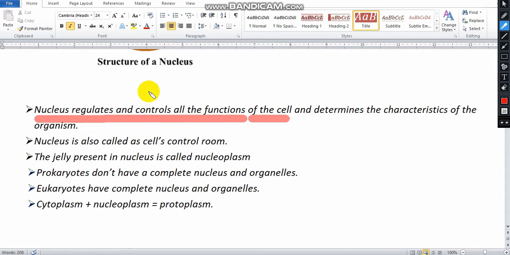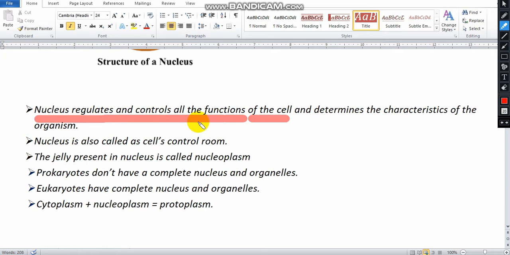There are many cell organelles which are present in the cell. They all have a specific role, specific functions. When they are doing a function, all are regulated by the nucleus. The nucleus controls all the functions which other cell organelles are doing. That's why it is also called the brain of the cell, as it is controlling all the functions.